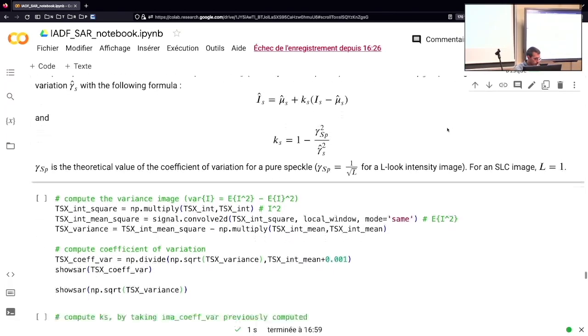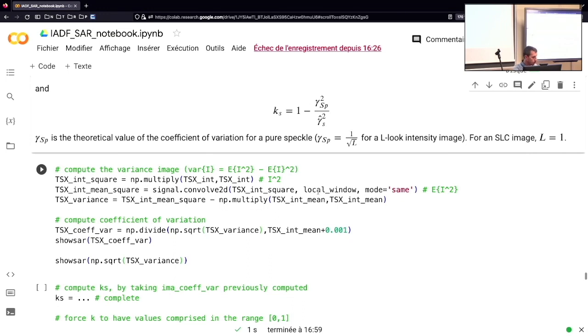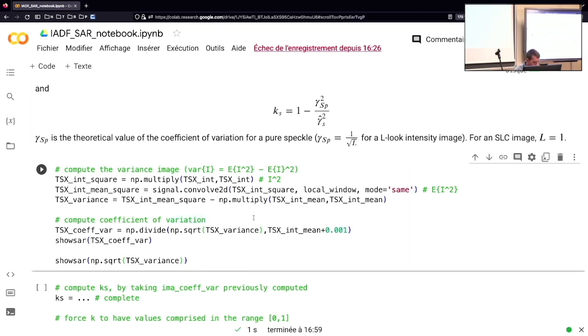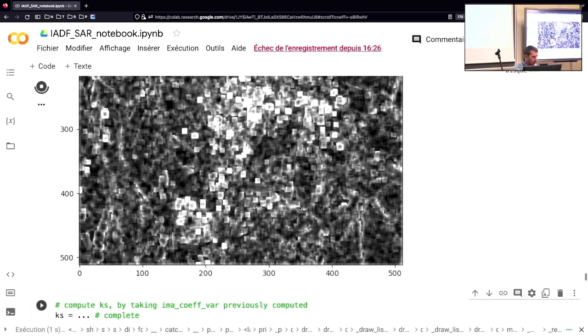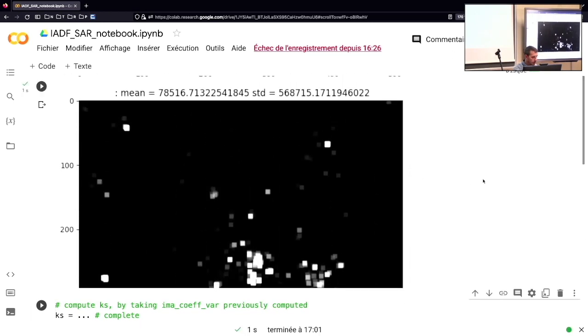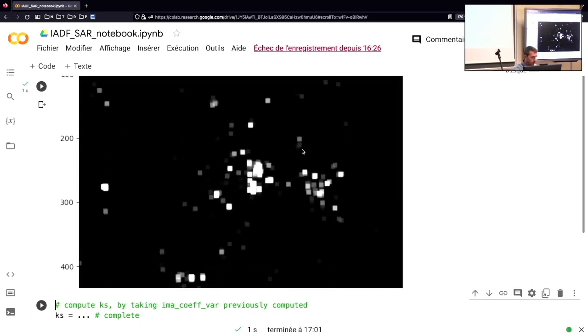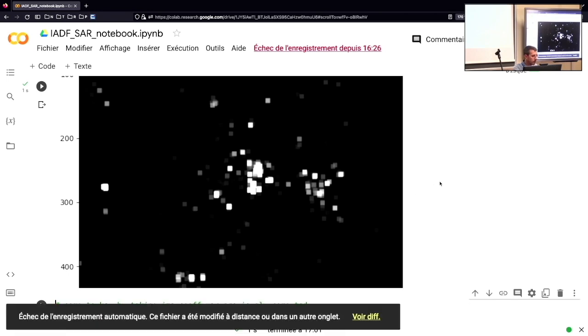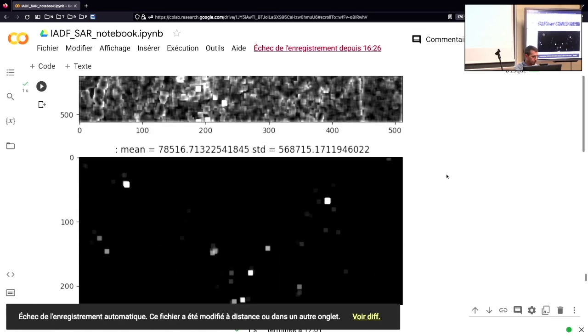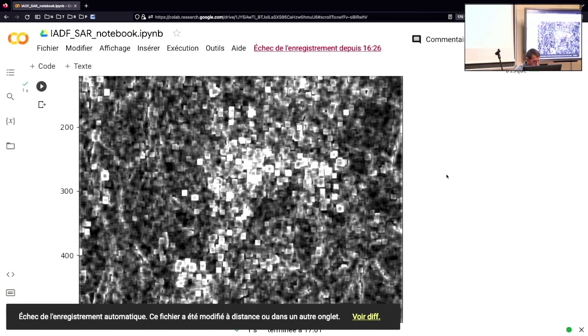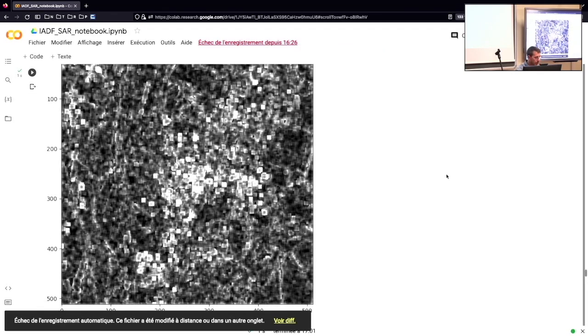So first of all, here I'm going to compute again the coefficient of variation on this new image. So that's exactly the same way as it was done before. And we can have a look at it. So again, here I'm displaying the square root of the variance. So you see, it's not indicating the homogeneity of the scene, while the coefficient of variation is a better indicator.